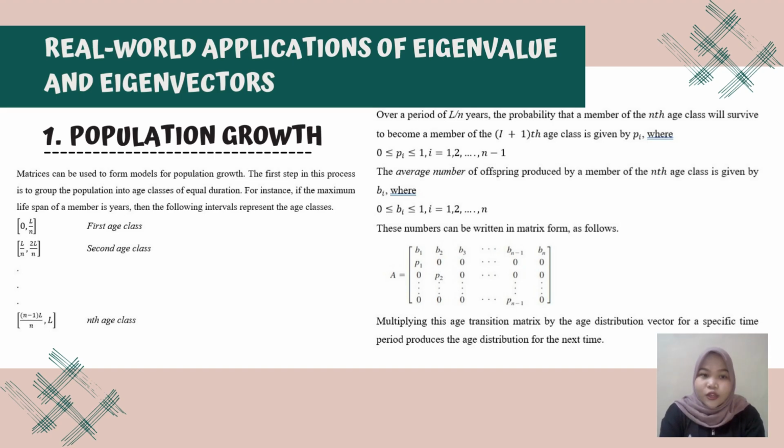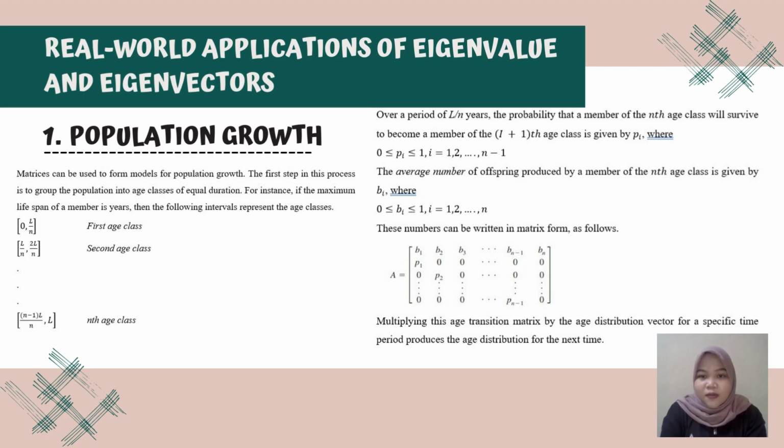Firstly, population growth. Matrices can be used to form models for population growth. The first step in this process is to group the population into age classes of equal duration. For instance, if the maximum lifespan of a member is L years, then the following intervals represent the age classes. Over a period of n years, the probability that a member of the i-th age class will survive to become a member of the i plus 1 age class is given by Pi.